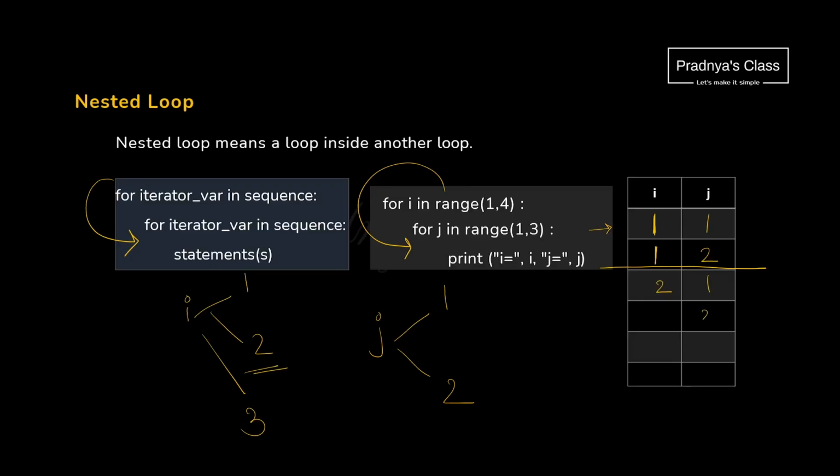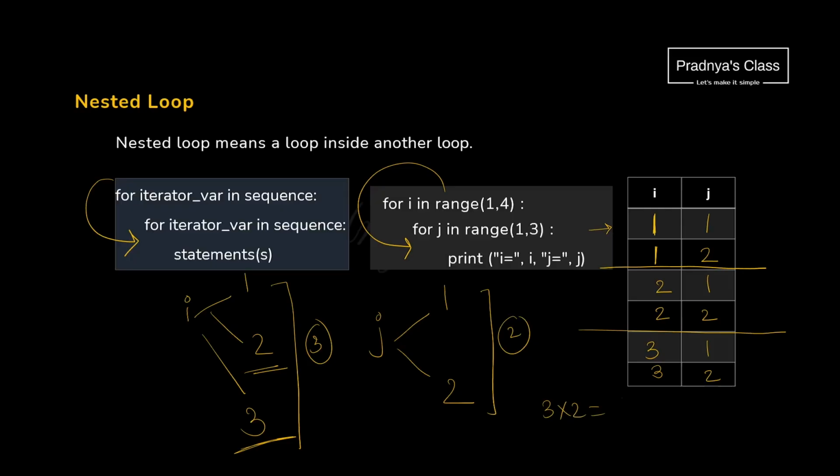Again j will get executed for both its values, keeping 2 constant. Then the value of i will become 3. Again j will be 1, 2 and i will be as it is, 3. It means this loop will get executed 3 into 2 times. It is nothing but a total of 6 times. Hope you understood how the nested loop will execute.